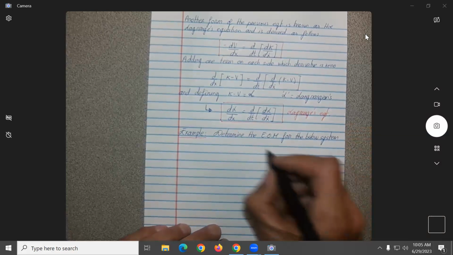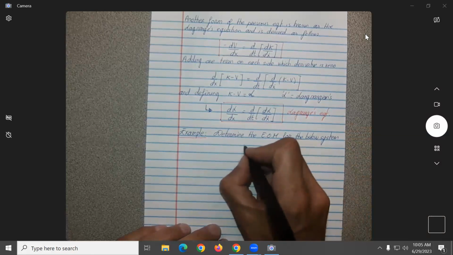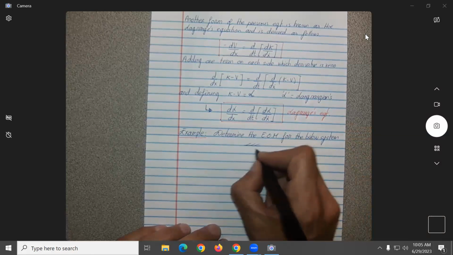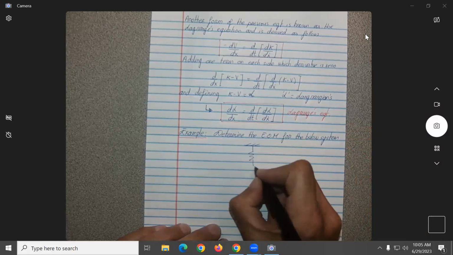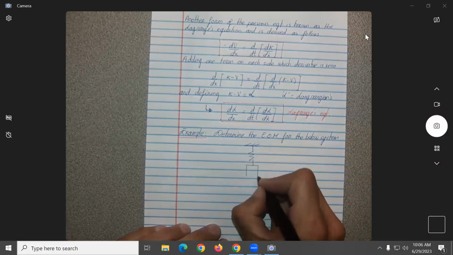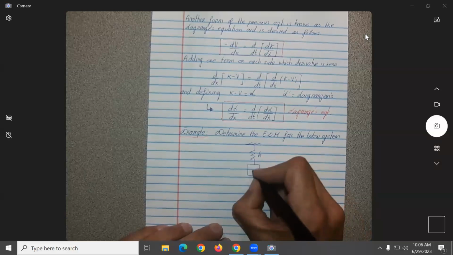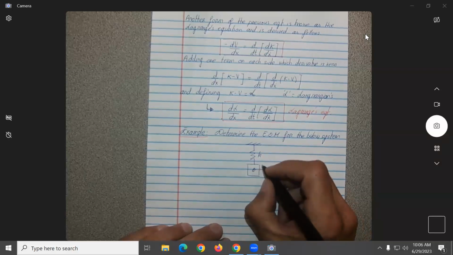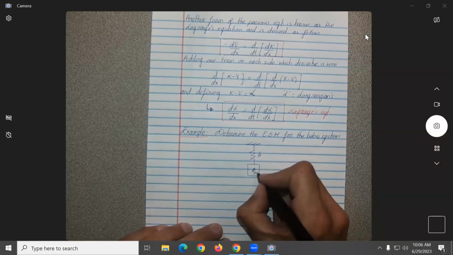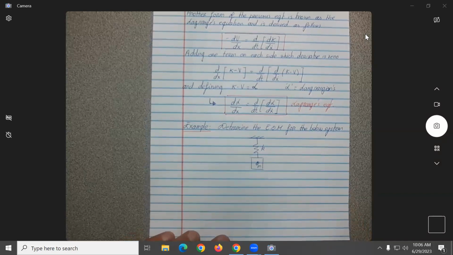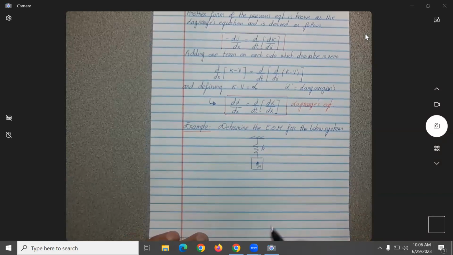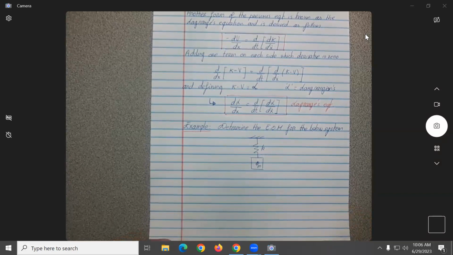And that system will be the spring now hanging, and here let's say our origin.